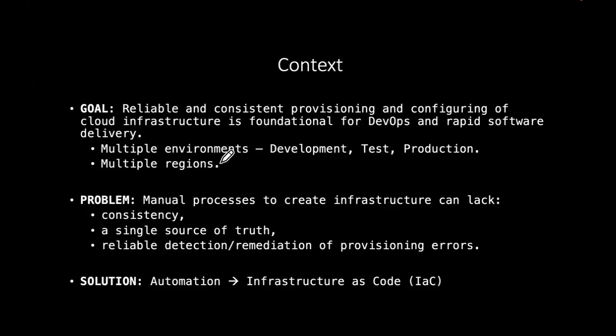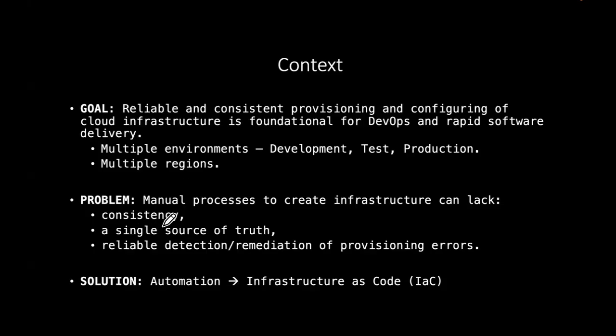Now, if the way we provision our infrastructure is a manual approach, then there's no guarantee of consistency and reliability, unless it's the same person doing it every time. And even then, you're not guaranteed consistency in the infrastructure. So we'd like to automate the provisioning of that infrastructure.